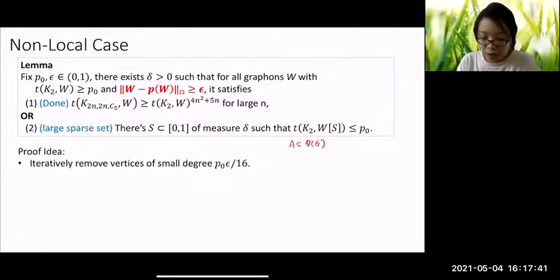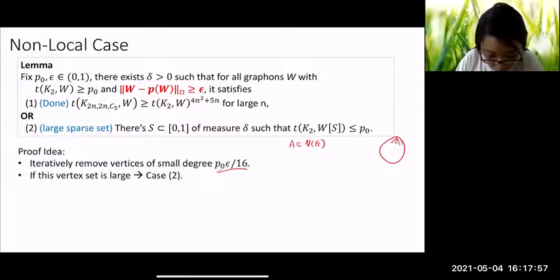Each step, if a vertex has degree smaller than this value, then we remove this vertex. Now let's count the number of edges in A. The number of edges in A is at least P0 epsilon over 16 times A.